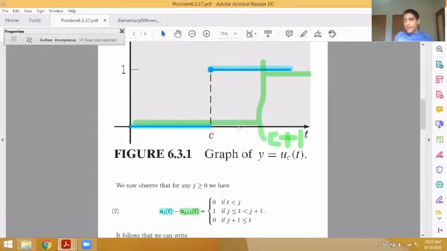So when I subtract them, I get 1 minus 0, which is 1. And that's why we have this second part here, this 1 right there. And then after that, at c plus 1 and beyond, both of the functions are equal to 1. So when we subtract them, we get 0.